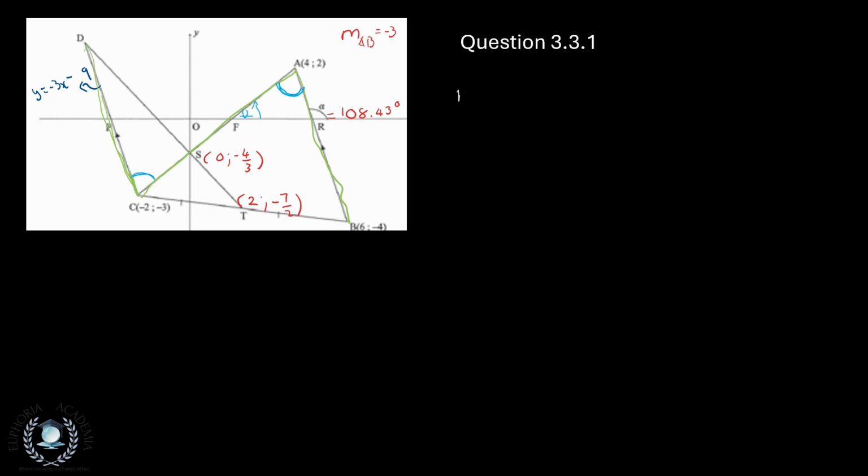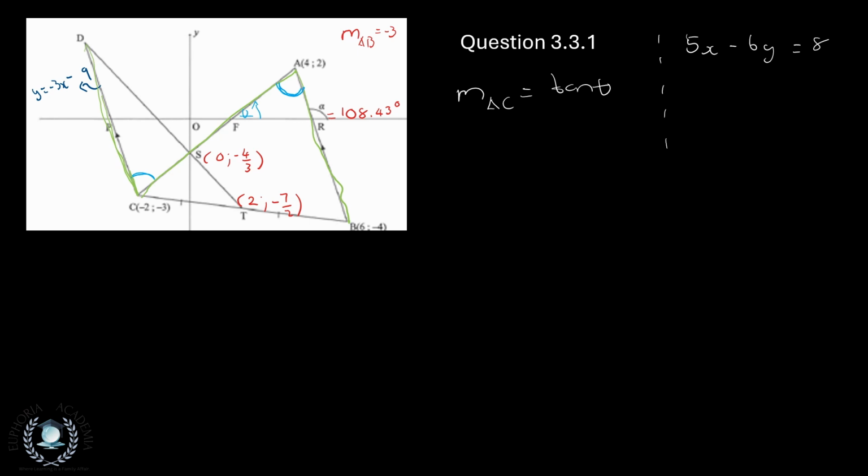Alright, so we know that the formula of the angle of inclination is m is equal to tan theta. Now, we were given the equation of the line AC, but it was not in the conventional way. It was given to us as 5x minus 6y is equal to 8, I believe.